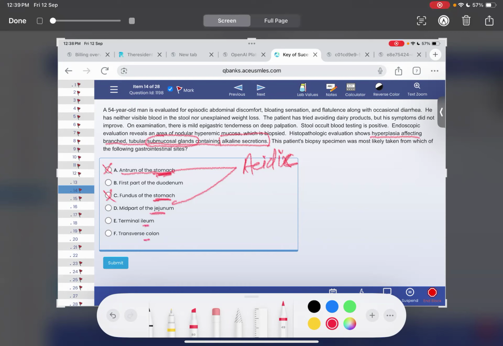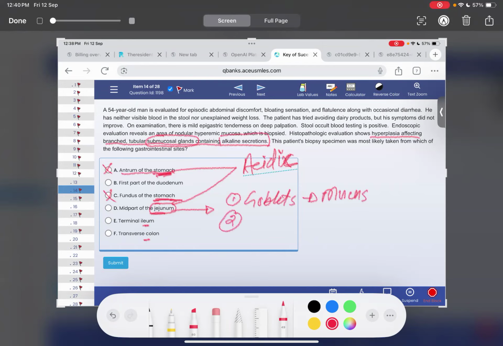ileum and colon? So what's present over the jejunum? Basically, the most important thing that the jejunum contains is, number one, goblet cells that secrete mucus.